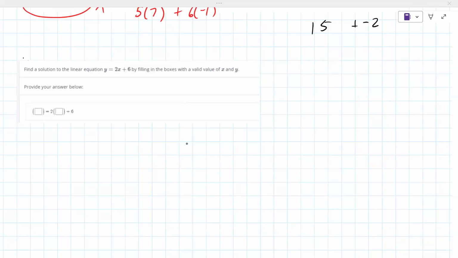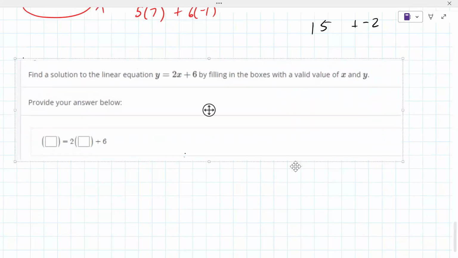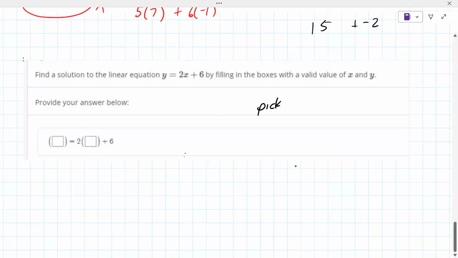All right. So the best way to do a problem like this one is to actually pick an x value. One of the best answers for x is 0. Why is 0 a good number to put in for x? What is the next thing to do after you put 0 in on the right hand side?